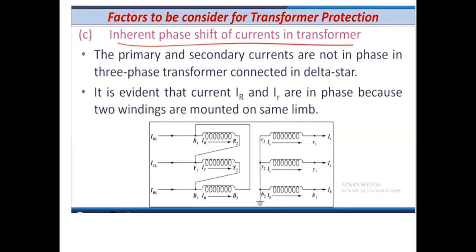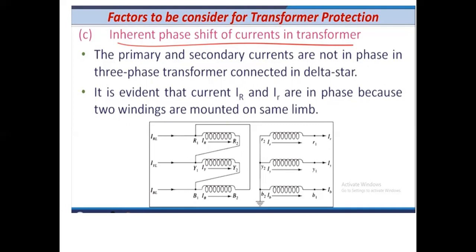Let us discuss the third point we need to consider when we apply the differential protection scheme for the power transformer. The third point is the inherent phase shift that exists in the power transformer.